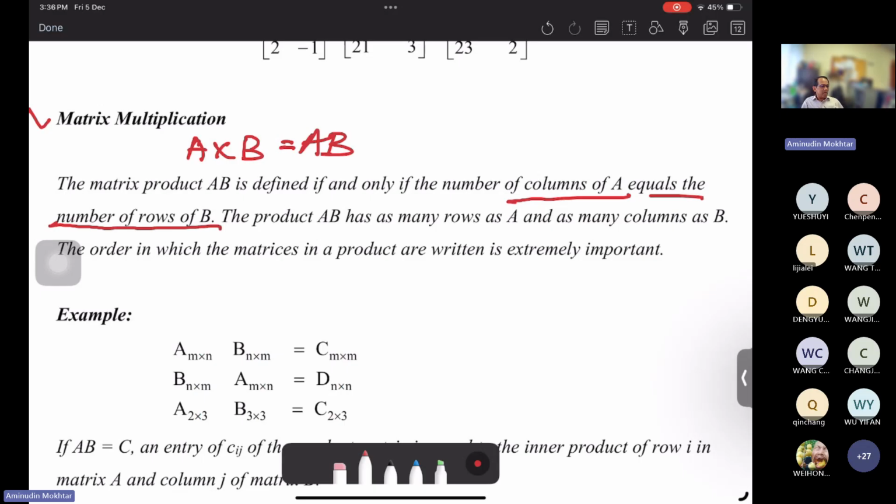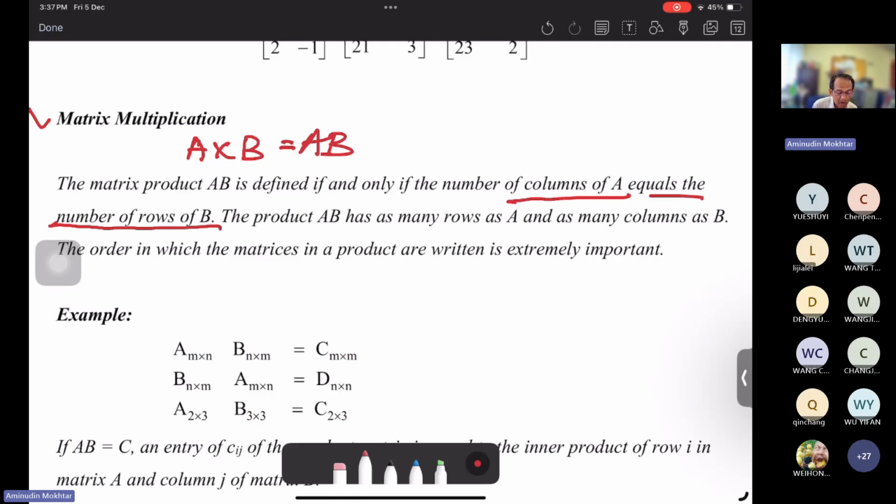The order in which the matrices in a product are written is extremely important. In other words, if we want to find the product of A and B, first we need to check whether the number of columns of A equals the number of rows of the second matrix.